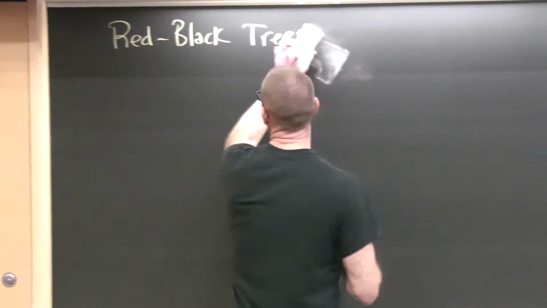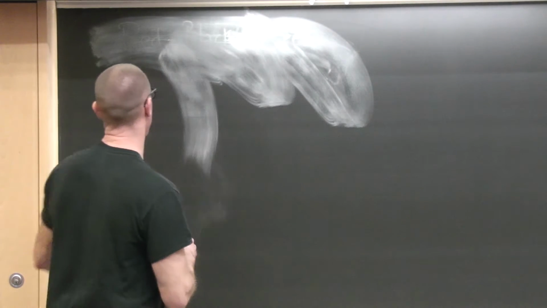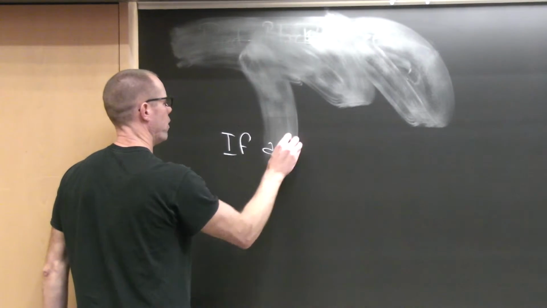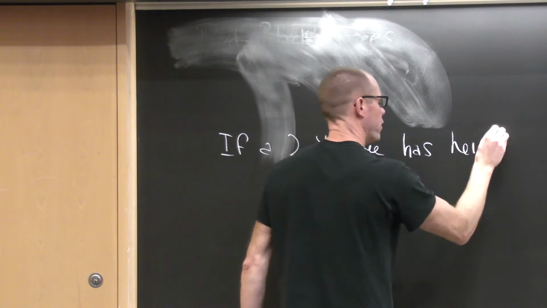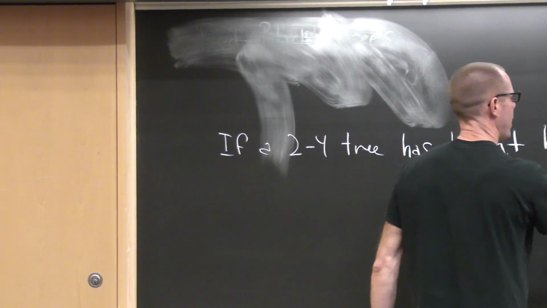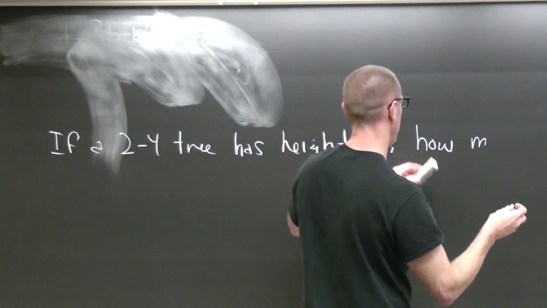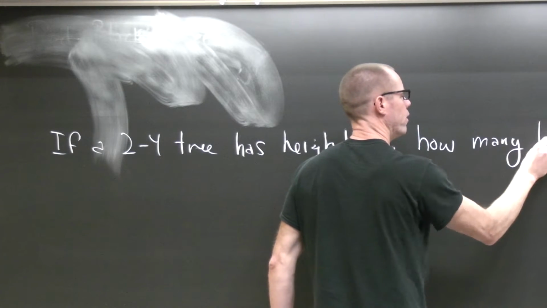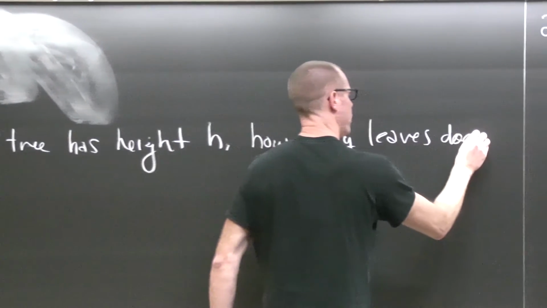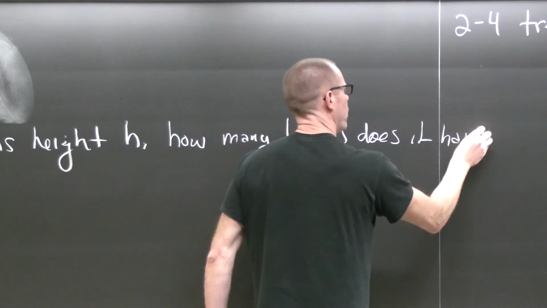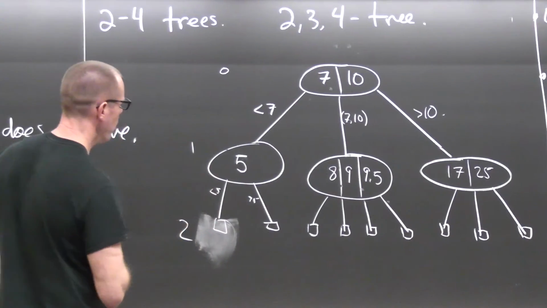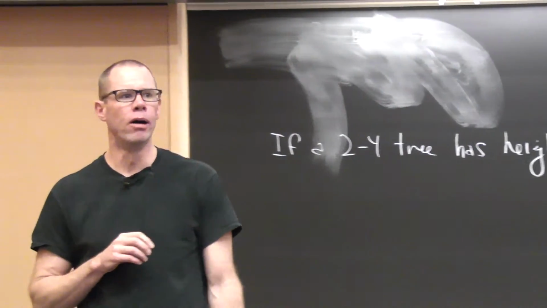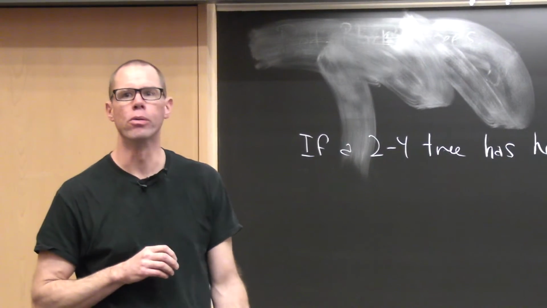Well, let's ask the question another way. If a 2,4 tree has height h, how many leaves does it have? So the height of this 2,4 tree is 0, 1, 2. What can you tell me about the number of leaves in a 2,4 tree of height 2?